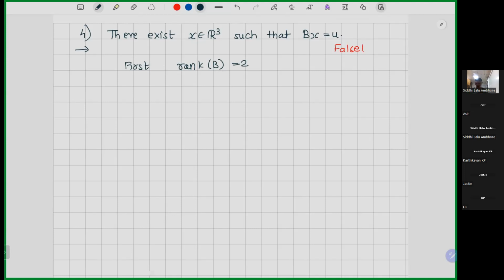Does anybody have any doubt that the rank of B is 2? If you have any doubt, please let me know in the chat. For now, B will be similar to some diagonal matrix with 0. I will explain this in the next question. So the rank of this is invertible.